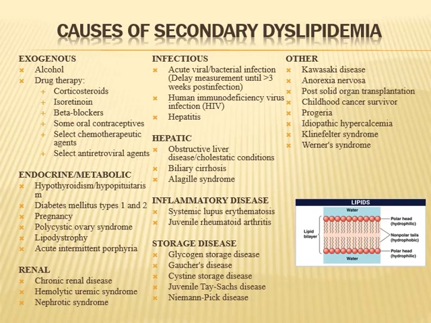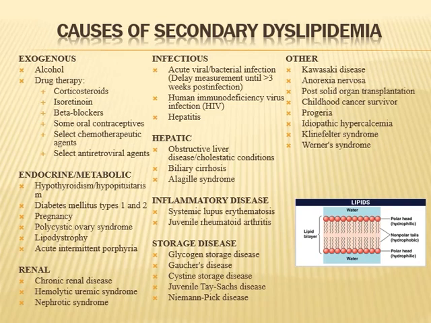Endocrine metabolic causes: hypothyroidism, hypopituitarism, diabetes mellitus types 1 and 2, pregnancy, polycystic ovary syndrome, lipodystrophy, acute intermittent porphyria. Renal: chronic renal disease, hemolytic uremic syndrome, nephrotic syndrome.